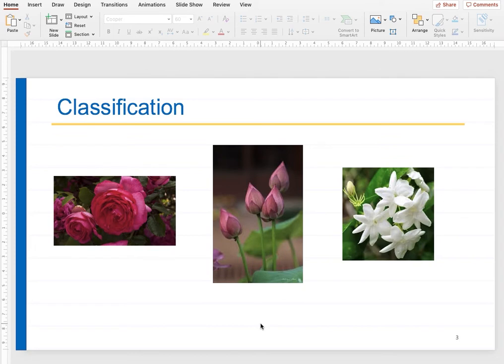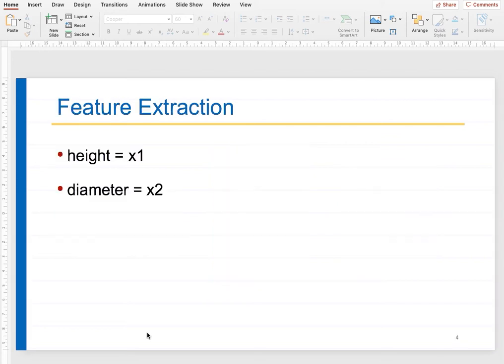I can work with image features and do some complicated stuff, which is nice but takes more effort. Can I make it a little simpler? I can extract some nice features. Can I work with just their height and diameter? Just get a flower, or you have a machine which will just give you the height and diameter of the flower.